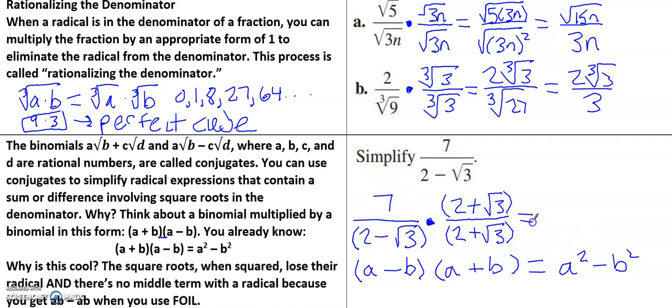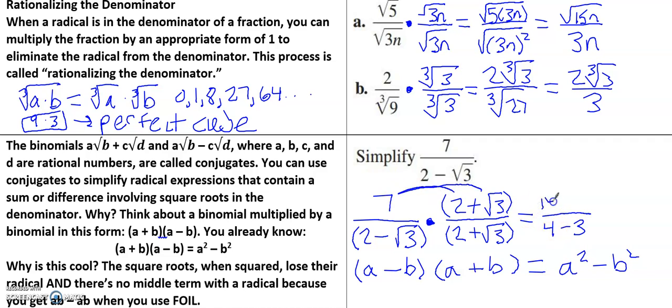Now, what's going to happen here? You're going to end up with a minus b times the quantity a plus b. It's going to be a squared, 4 because it's 2 squared, minus, what's the square root of 3 squared? It's just 3. So squaring a square root, you end up with just the number. Now that 7 is a factor that needs to multiply to both terms in the second factor.